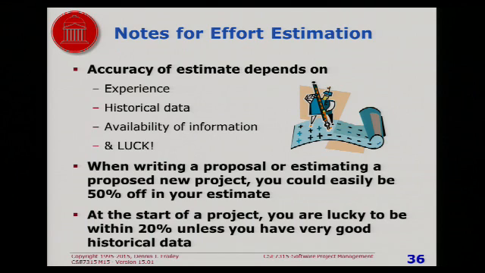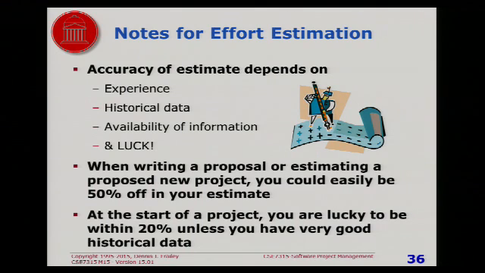Many projects are at least that far off. So it's important to realize that you may not be highly accurate in your estimate at the beginning of a project. Many people don't like this idea, but it's part of reality. And part of the reason is requirements change.